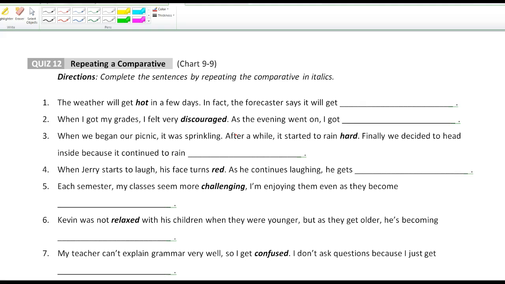Okay, now repeating a comparative. Now, when we're repeating a comparative, we need to say the comparative 2 times. And so if we are using like the adjective fast, it would be faster and faster.